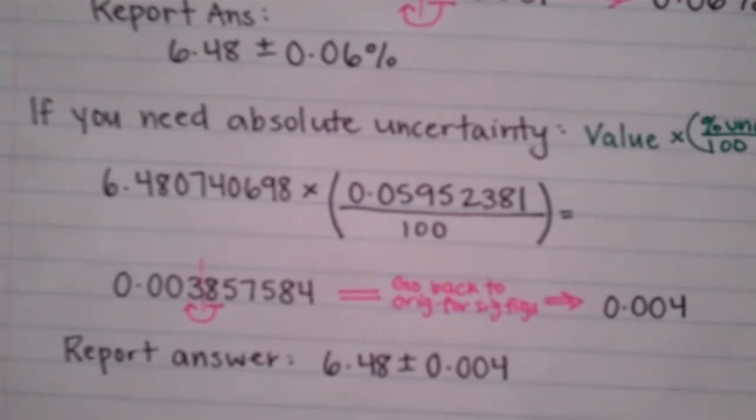0.003857584. Now to figure out the correct number of sig figs, I go back to my initial numbers. I had a 42.0 and a 0.05. And since I'm doing multiplication in these problems, I need to look at the lowest number of sig figs of my initial starting values. I had 3 for 42.0, 1 for 0.05. I choose the 1 because that's the lowest of the values, and I'm going to report my final answer with 1 sig fig.